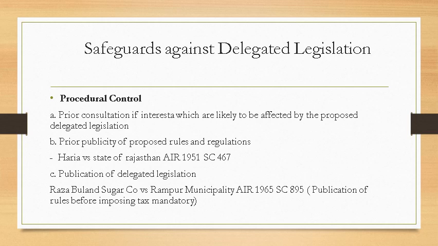Then the second way out is prior publicity of proposed rules and regulations. Now as such, it has never been stated that it is to be done, but prior publication seems to be a necessity under Section 23 of the General Clauses Act. And Section 2 of the Statutory Instruments Act also makes it mandatory that the statute must be published as soon as it is laid before the House of Parliament.